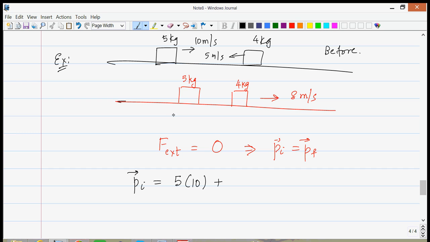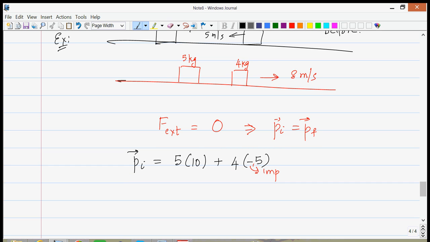Assuming that you figured out what the momentum is, let's write this down. It'll be 4 multiplied by minus 5. Now the minus 5 here is important, and it is because of the fact that the block is moving to the left. Keep this in mind. If you were to add this up, we get 50 minus 20, and we end up getting 30 kg meters per second.